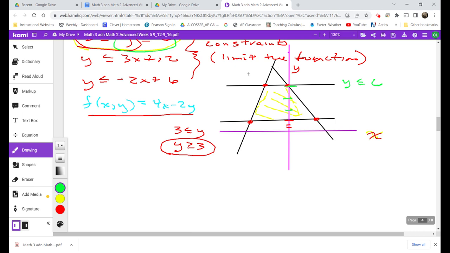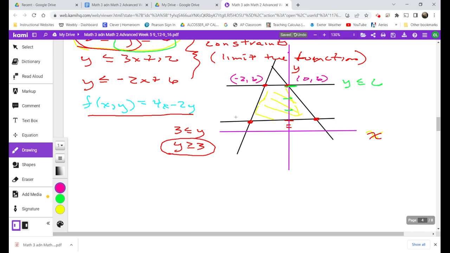If we use the calculator to find the vertices, and again, we're going to do a little bit of this in class also, if you use the calculator to find where these cross, you get 2 points. This one's -2 and 6. This one is 0 and 6.